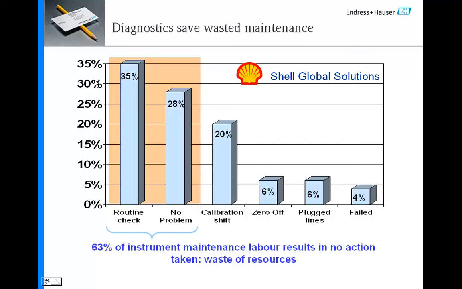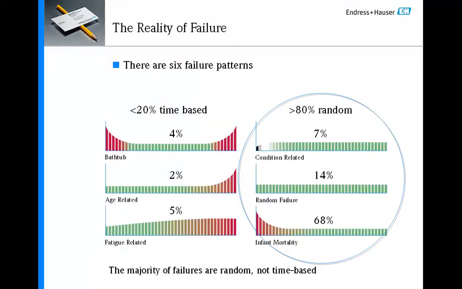Shell has done extensive research on effective maintenance practices and found that 63% of preventative maintenance had no benefit in improving the service life of a field device. Along with that, reliability engineers have determined that 80% of all failures are random.